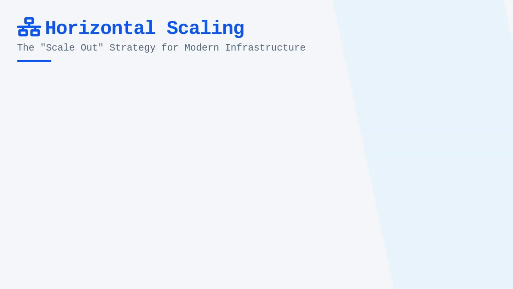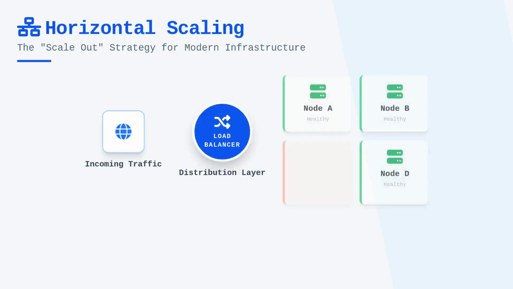Horizontal scaling, or scaling out, operates on a fundamentally different principle. Instead of making one machine more powerful, you spawn additional nodes to distribute the workload. This strategy is essential for modern web applications that must handle high concurrency. By adding more servers to a cluster, you effectively spread the incoming requests across multiple instances, which significantly improves overall availability.